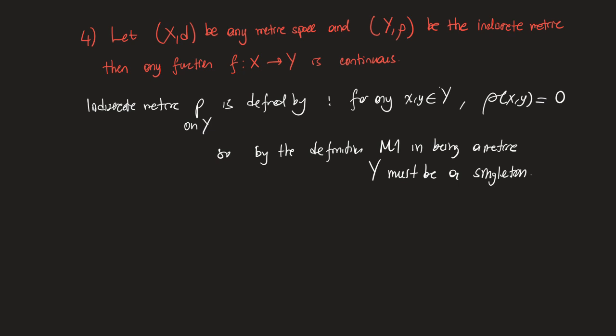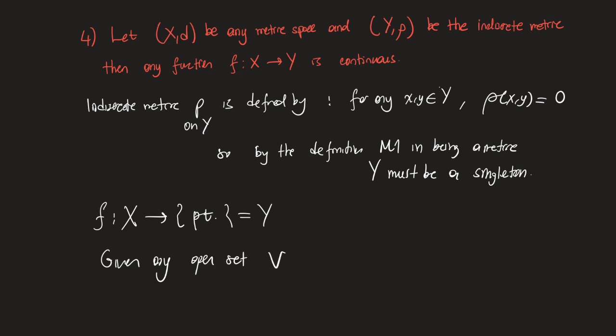Now it comes to the following problem. Let us be given a function f from X to a singleton, or point, maybe let me write it in this following way, point or Y, then I need to show this is a continuous function. But I can show the following: given any open set V subset of Y, but we don't have any open set. We only have this point.